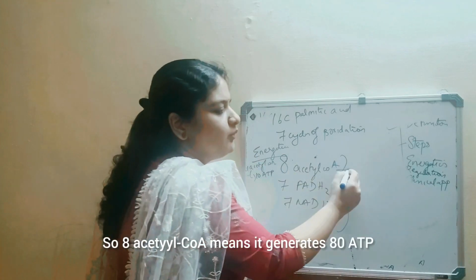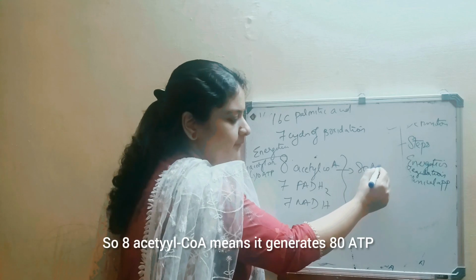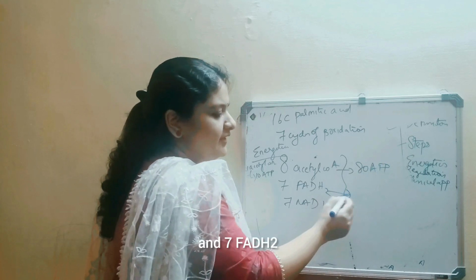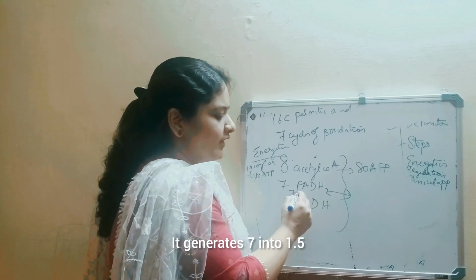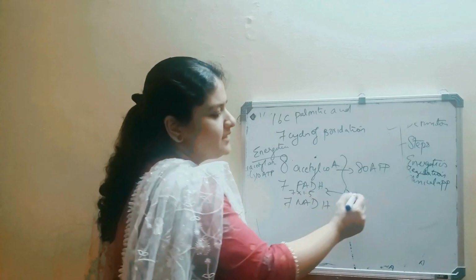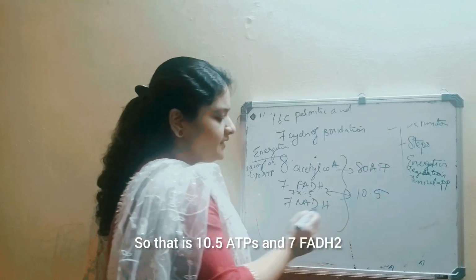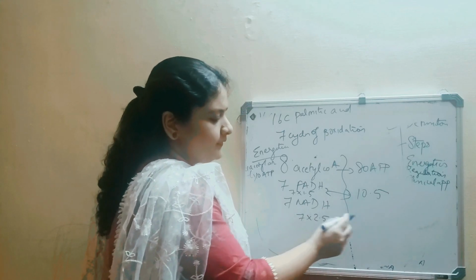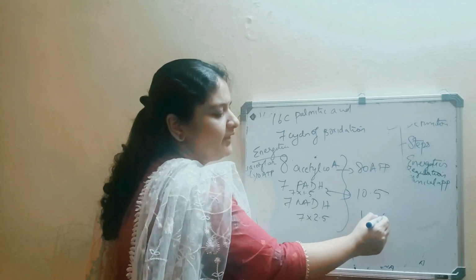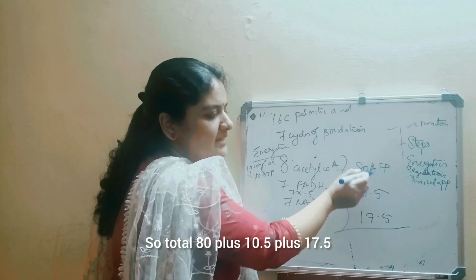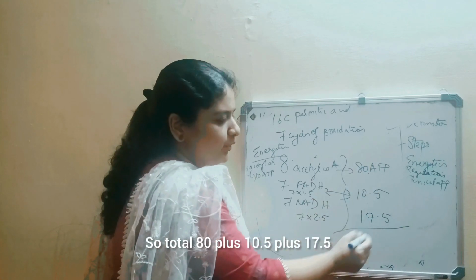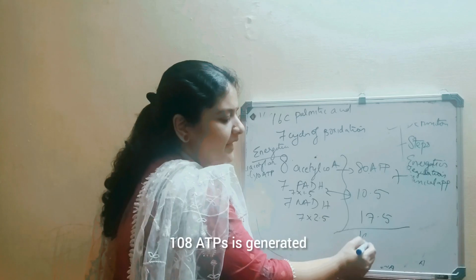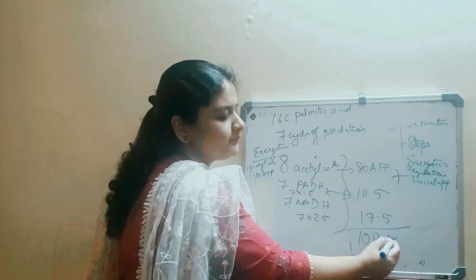So 8 acetyl CoA generates 80 ATP. And 7 FADH2 generates 7 into 1.5, that is 10.5 ATPs. And 7 NADH means 7 into 2.5, which generates 17.5. So in total 80 plus 10.5 plus 17.5, 108 ATPs are generated.